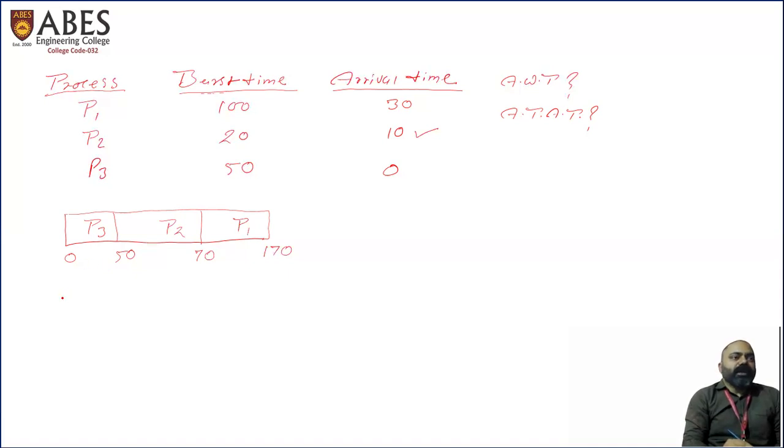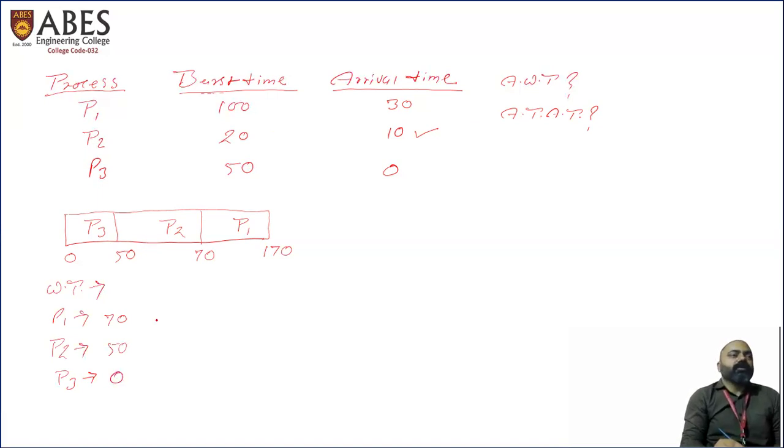So calculate average waiting time. There are two methods for getting individual waiting time. According to the chart, the waiting time for P1 is 70, for P2 this is 50, and for P3 this is 0.